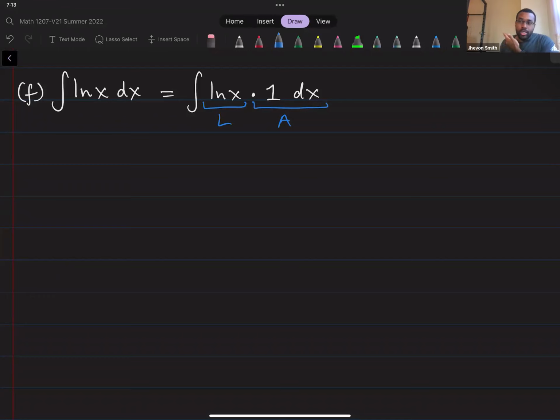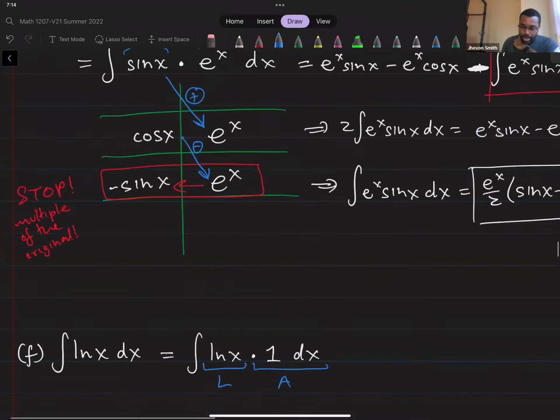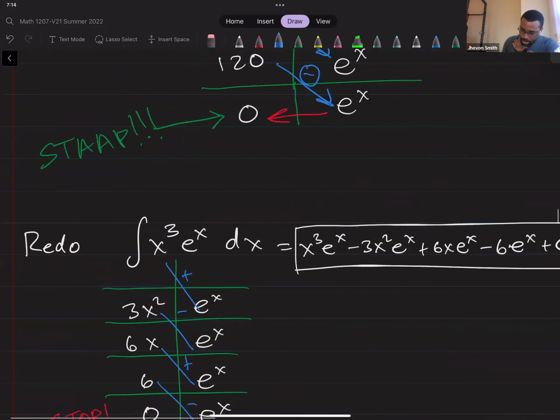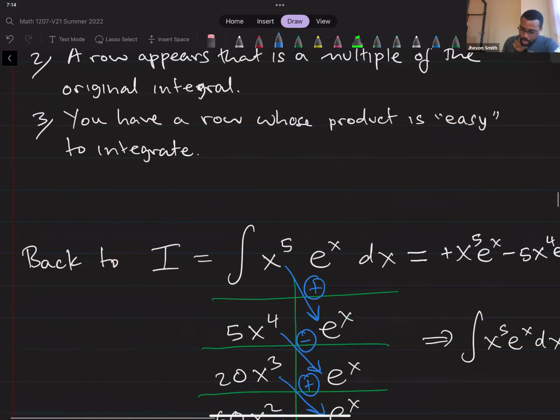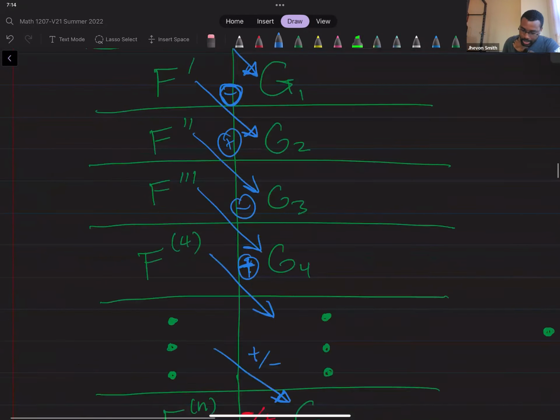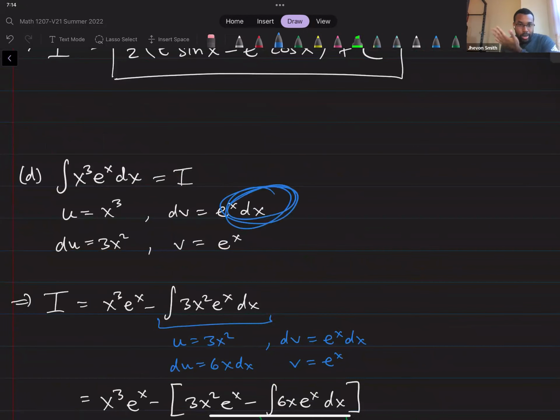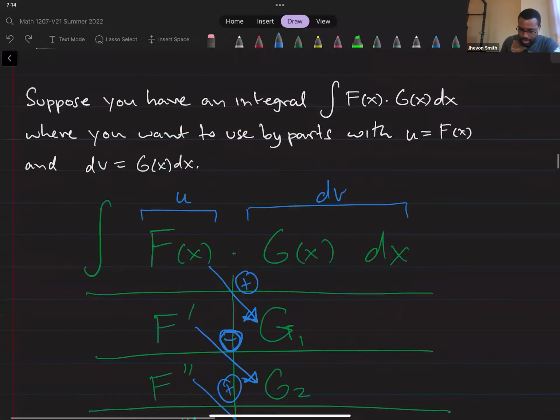So 1 dx, or dx, can actually be one of the parts, right? Which is one of the reasons why I go to great pains to always include the dx when I'm doing the parts, because it is actually a bona fide part of the part. So yeah, you can actually make a dx out of it.